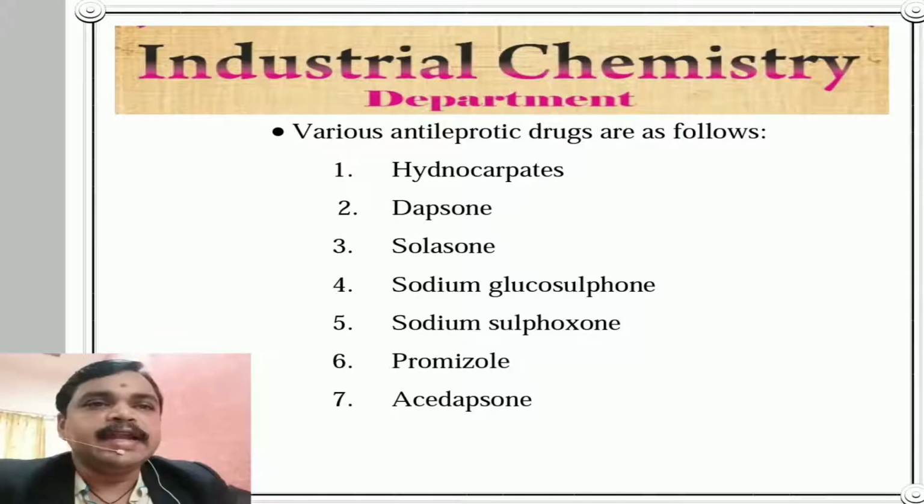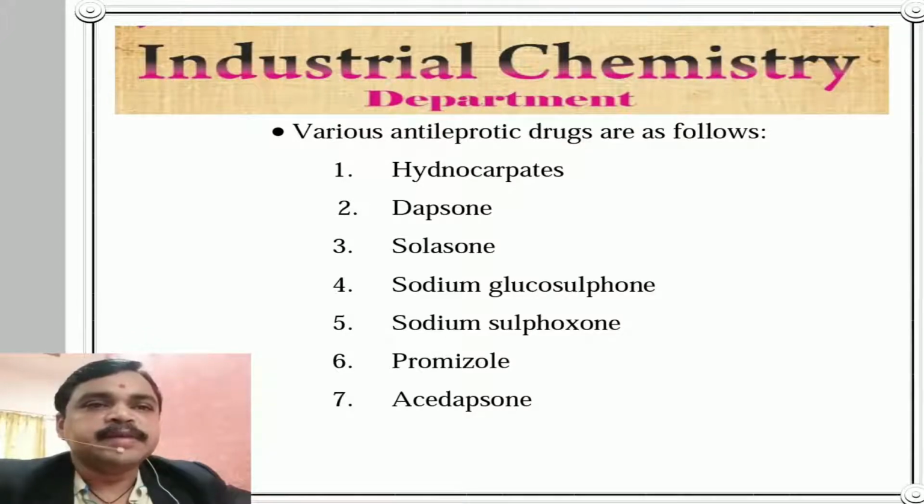Various anti-leprotic drugs are used in the treatment of leprosy. So we list out all the drugs which are used in leprosy as anti-leprotic drugs. Number 1, hydnocarpus oil. Number 2, dapsone. Number 3, solapsone.